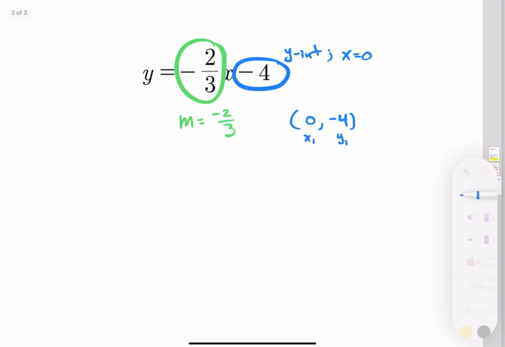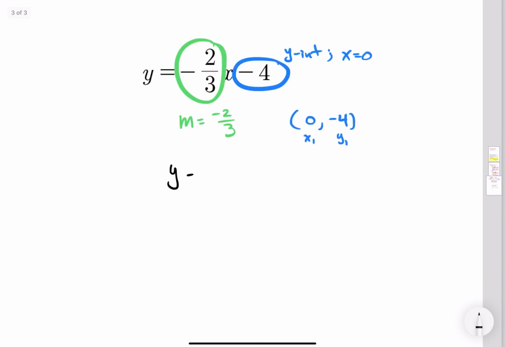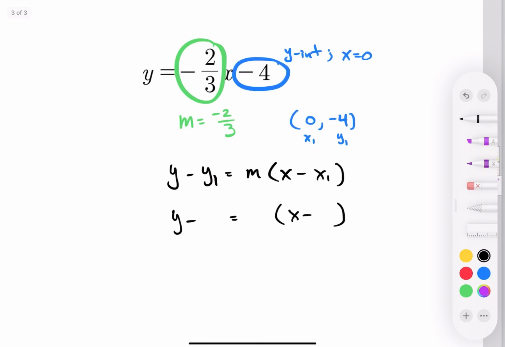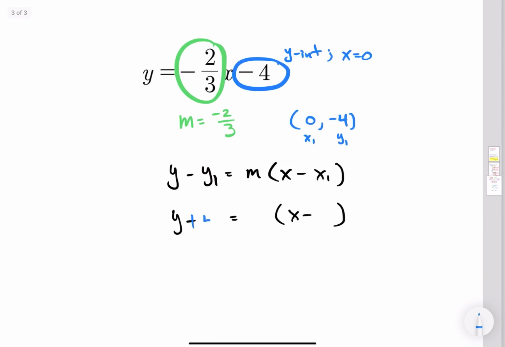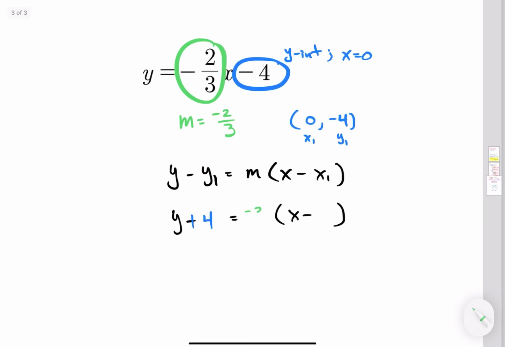So all we got to do is substitute that into our point-slope form. y minus y1 is equal to m times x minus x1. Throw in the essentials, and we'll just go ahead and plug everything in. So y1 in this particular case is going to be a negative 4, so y minus negative 4 means plus 4. Our slope, we said, is negative 2/3.